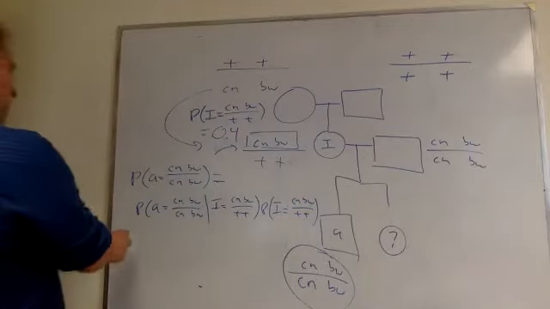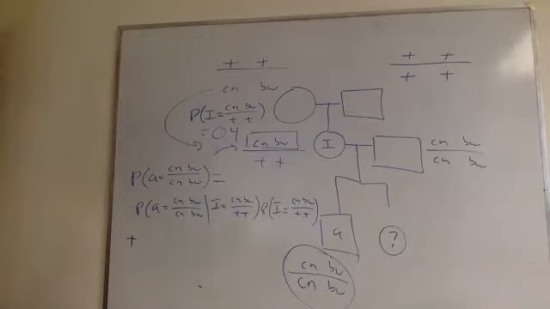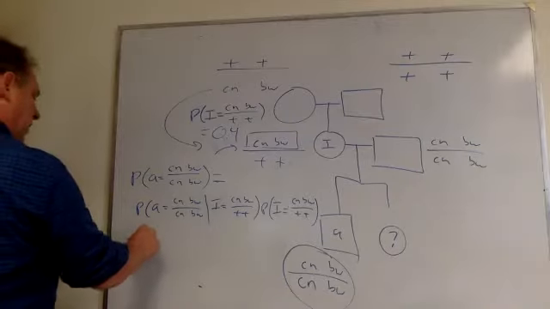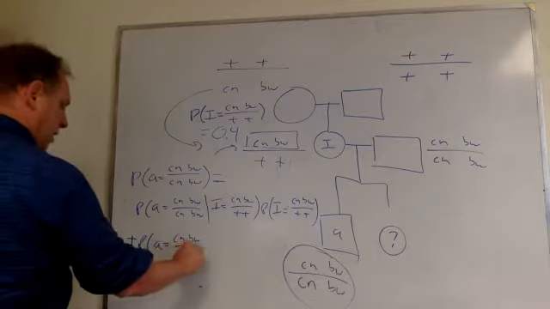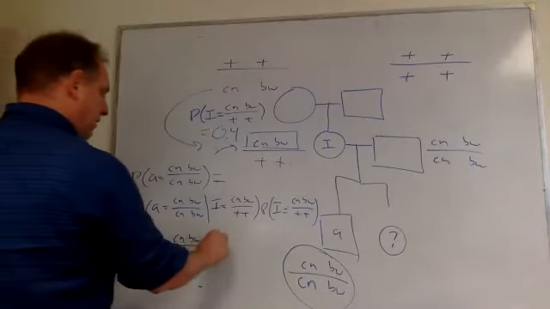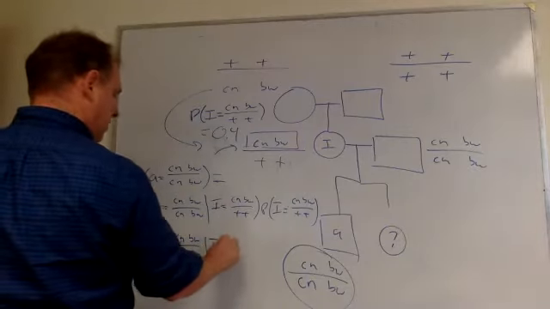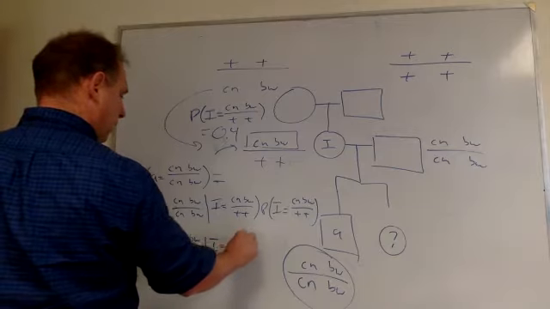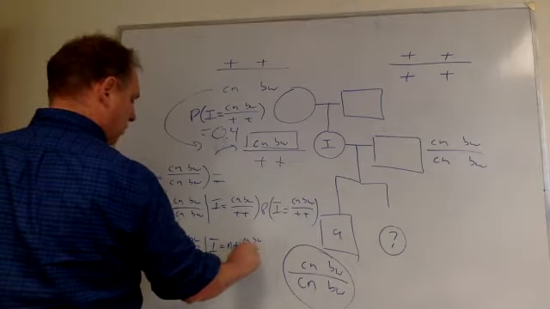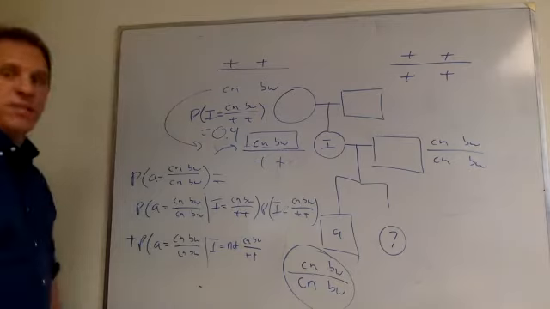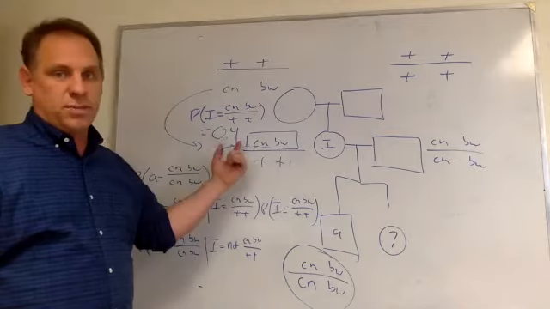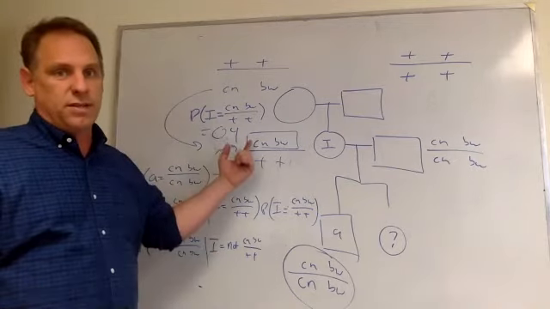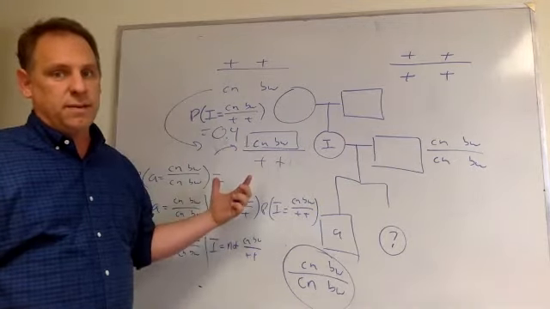And that's added to the probability that A has this particular genotype of interest, Cinnabar Brown over Cinnabar Brown, given that I doesn't have that genotype, I is not Cinnabar Brown over plus plus. And there are three ways for that not to be true: it could be plus plus, it could be plus Brown, it could be Cinnabar plus. There are three possibilities.